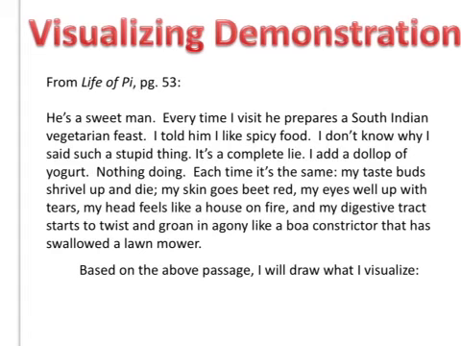So it says, "He's a sweet man." That's kind of nice. "Every time I visit, he prepares a South Indian vegetarian feast." That sounds delicious, and I'm making a personal connection to that. "I told him I like spicy food. I do not. I don't know why I said such a stupid thing. It's a complete lie. I add a dollop of yogurt. Nothing doing.